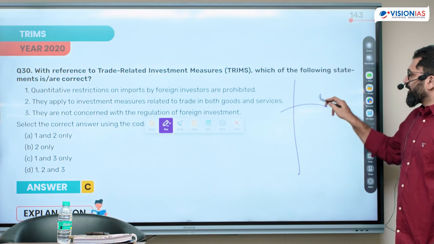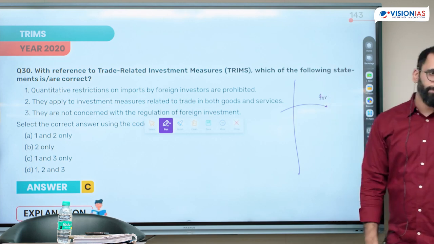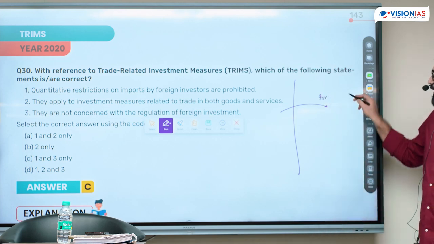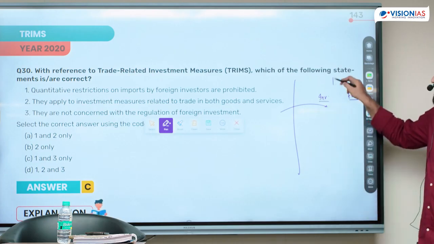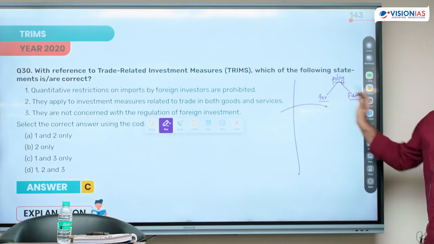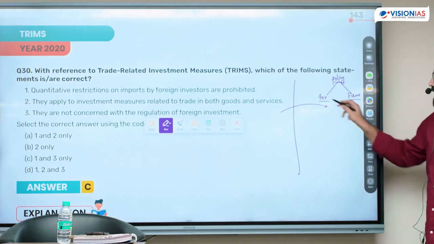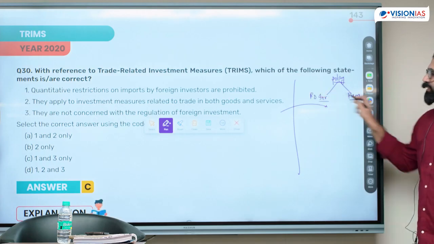If there is a particular investment that happens in India from outside and I have a domestic firm, and I have a policy which exists on both with no discrimination in policy, this is a foreign direct investment and this is a domestic firm.